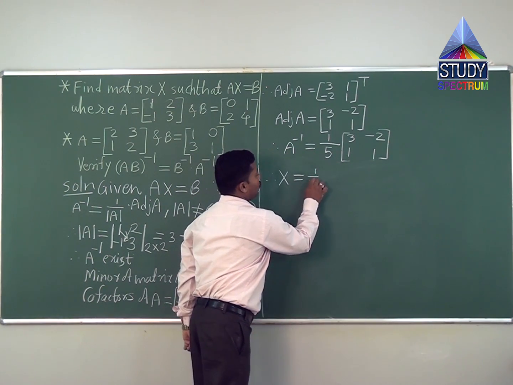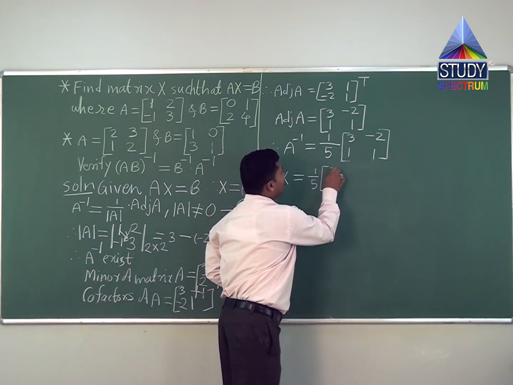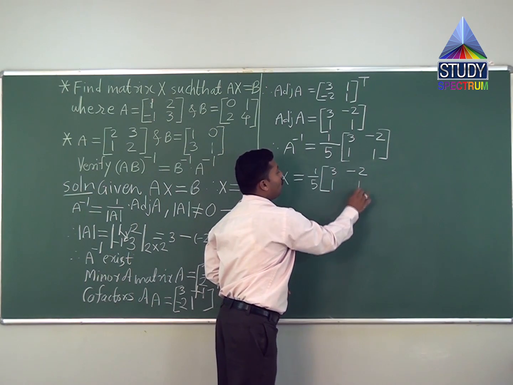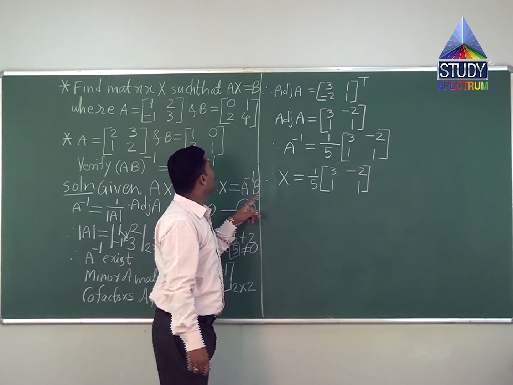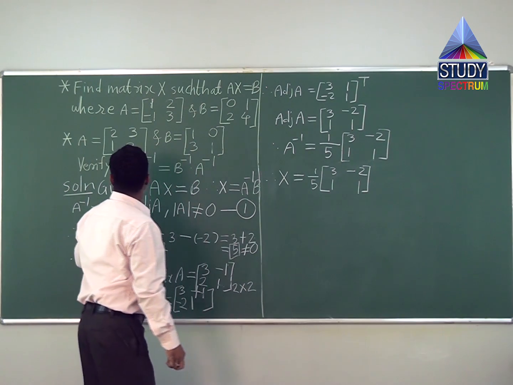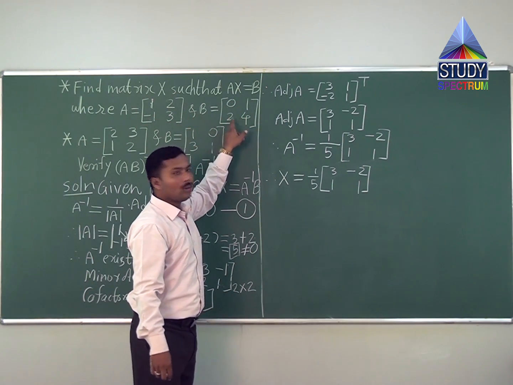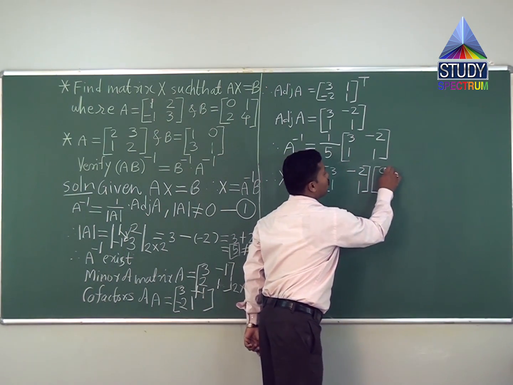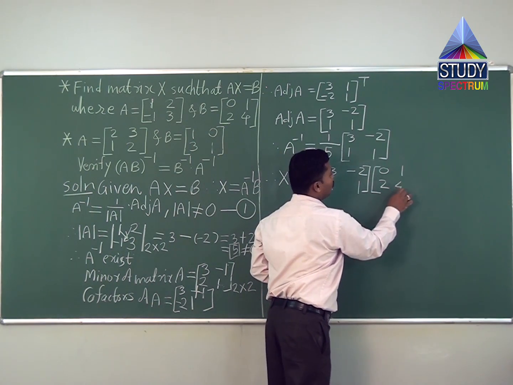So 1 upon 5, matrix 3 minus 2, second row 1 1, into B. What is B? Here B is the matrix 0 1 2 4. So first row 0 1, second row 2 4.